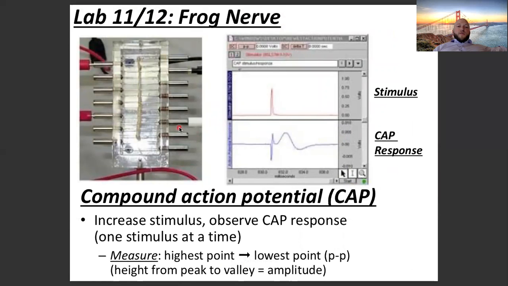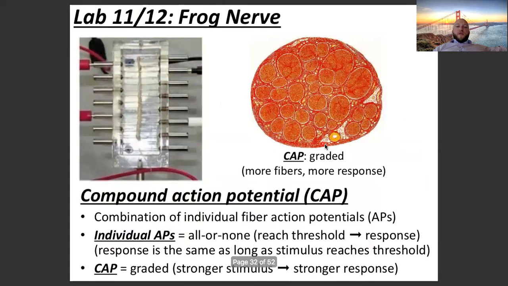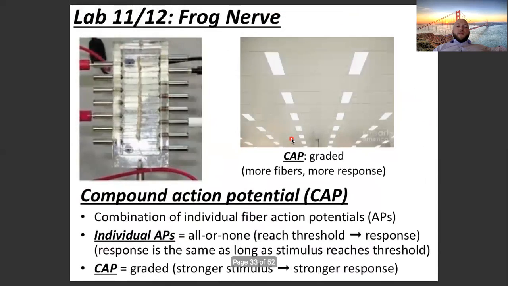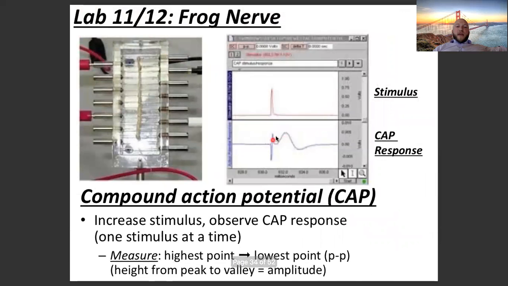So we're going to be shocking the sciatic nerve with varying amounts of stimulus. And once we get to the point where the cells closest to the pin reach their threshold value, -55, we're going to start seeing a response. We're going to start seeing this compound action potential response. This initial shock you see right here is an artifact from the stimulus.